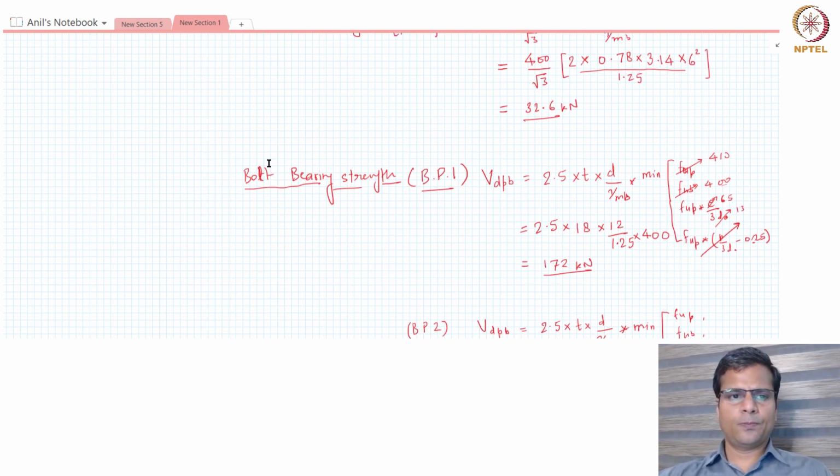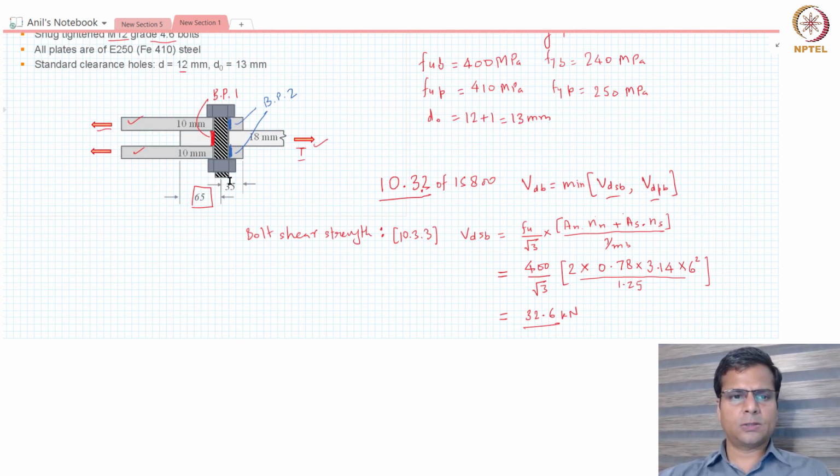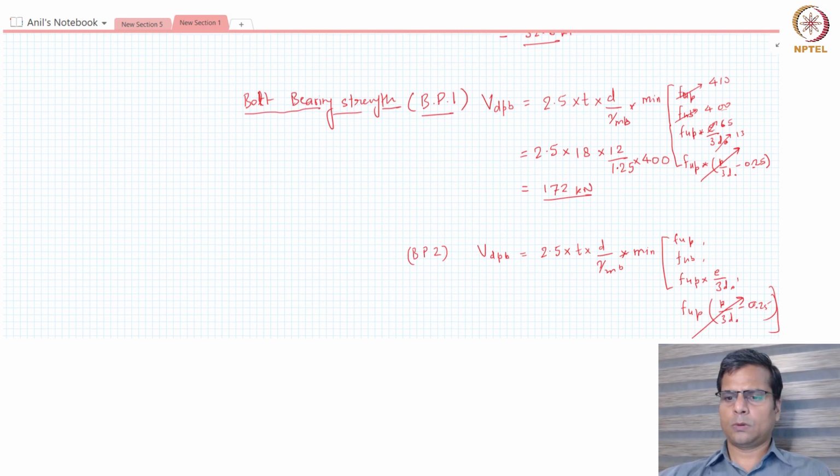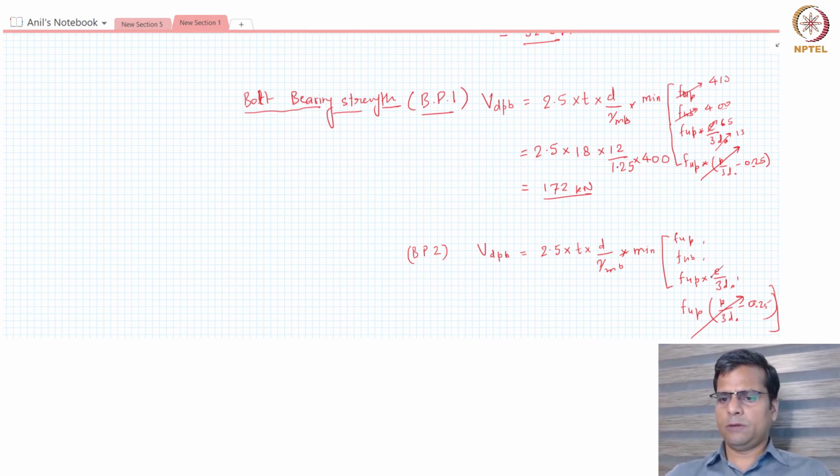In this case, for the blue surfaces, you might notice that the edge distance or end distance is only 35 millimeters, which is shown here. So the e value is 35 and d0 is 13, so it becomes 35 divided by 39. Fup is again 410, Fub is 400 and this is 410.